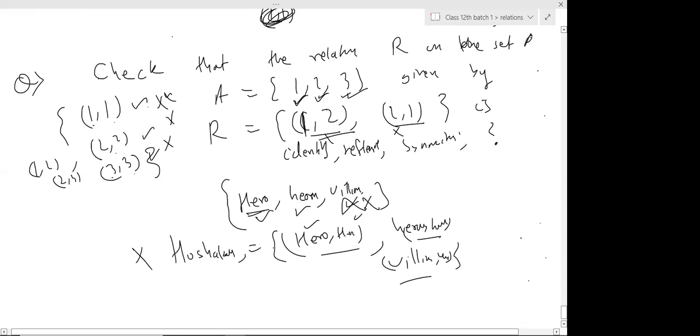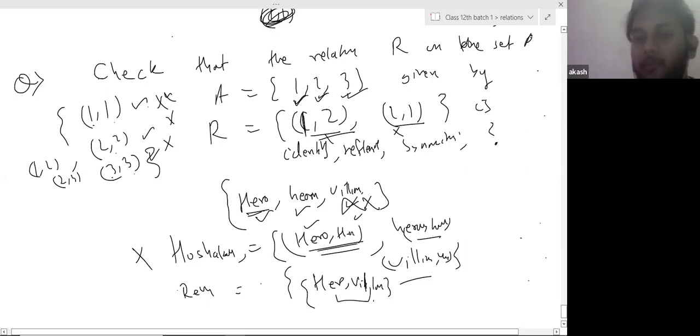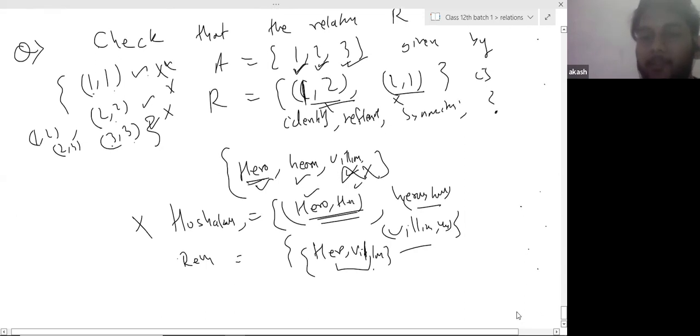Yes, sir. And in reflexive, you can have other roles also. Like suppose in the later story, you got to know that the hero and a villain were brothers. So this can be reflexive also. They had two roles and there is another relation also. So this is reflexive. Is this clear? Everyone? Yes, sir.